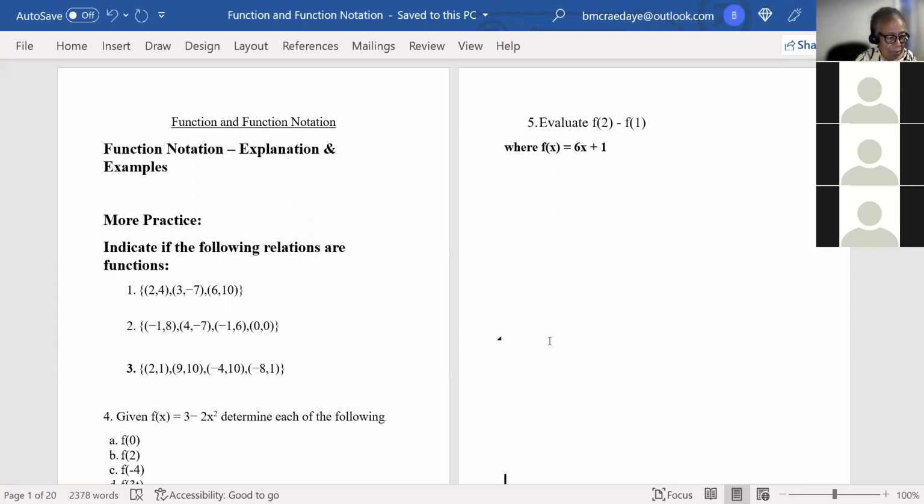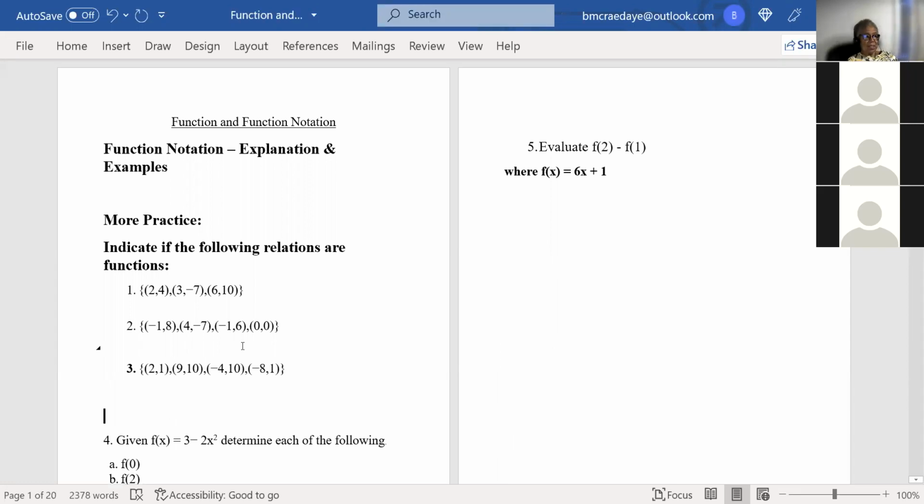I'll give you a few minutes. The one that says function and function notation, explanation, and examples. I'm first just indicating if these following relations are functions, something we just went through. So do 1, 2, and 3 and tell me your answers. You say yes, function, or no, not a function.